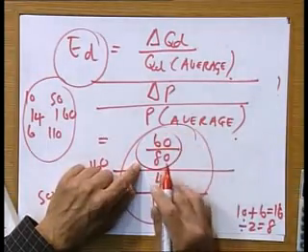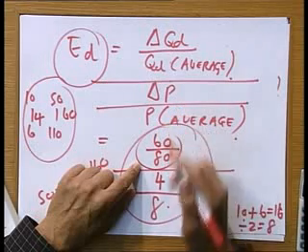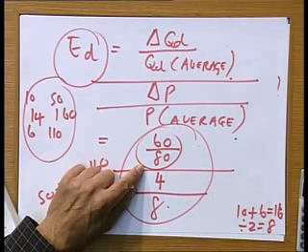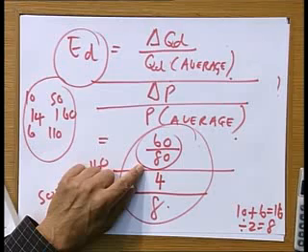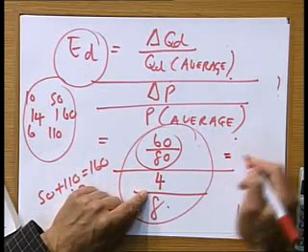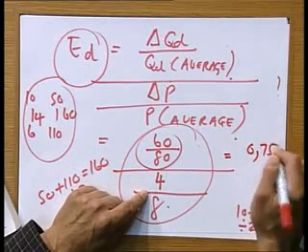Okay, so now you've got your calculation, and remember, in the exam or the test you can use non-programmable calculators, and you can just use your calculator to calculate this. So let's look at the numerator, 60 over 80. 60 divided by 80 gives you 0.75.